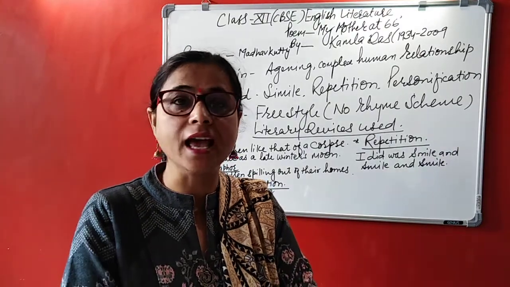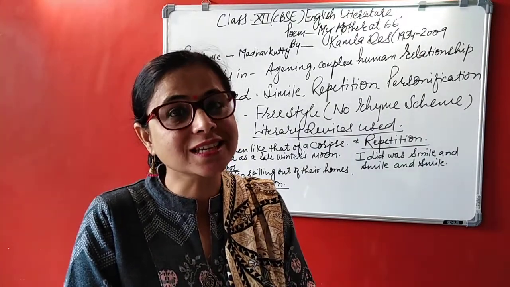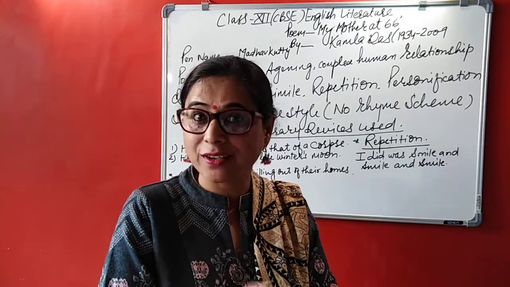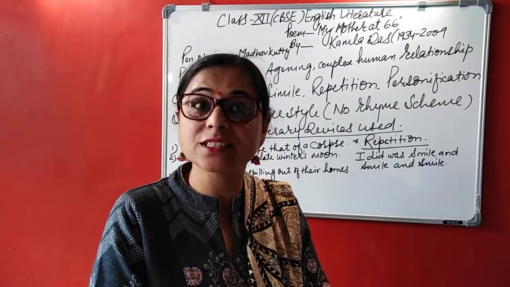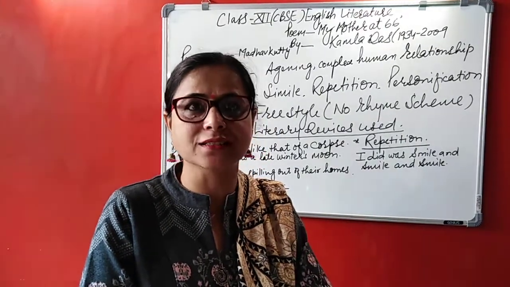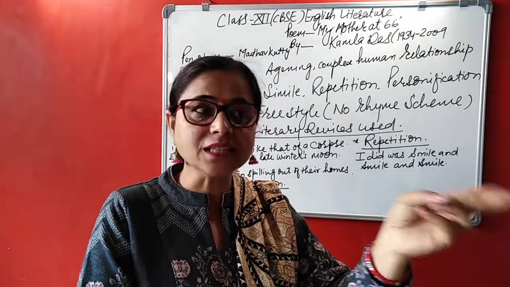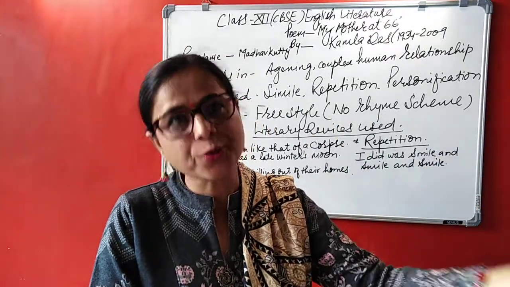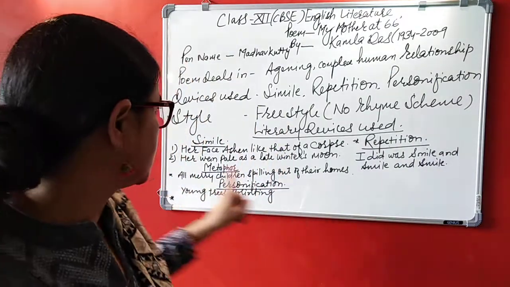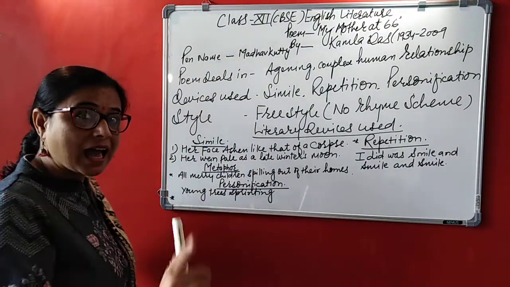And if I say she's a rose, this is metaphor. I did not use "as" or "like", but I made a comparison. She's a rose means she has been compared to the rose. So where has metaphor been used?